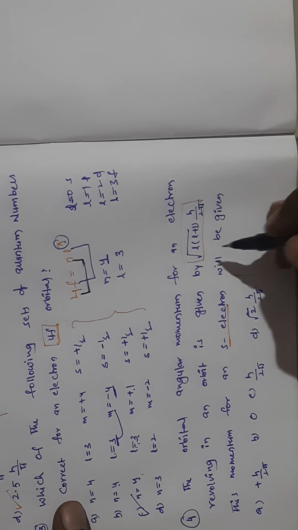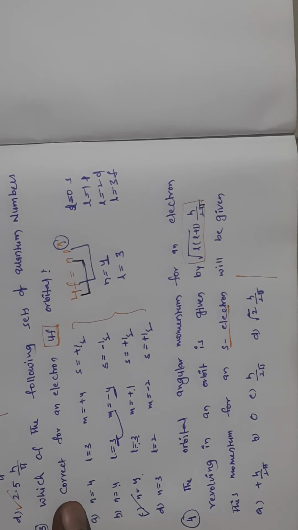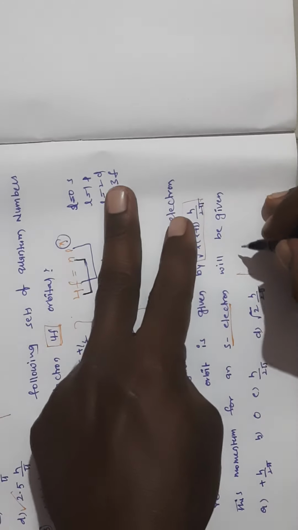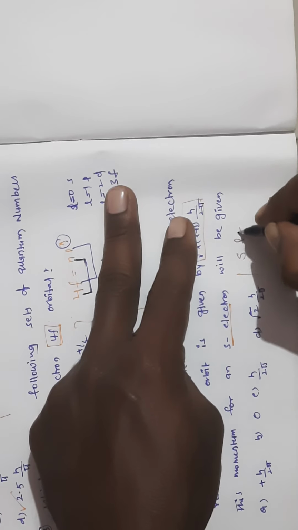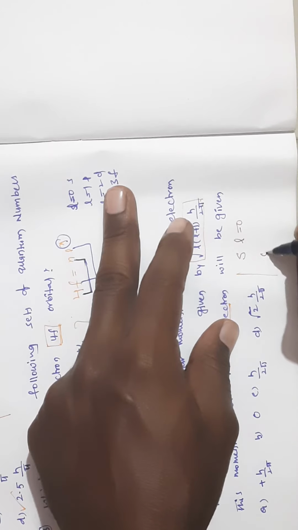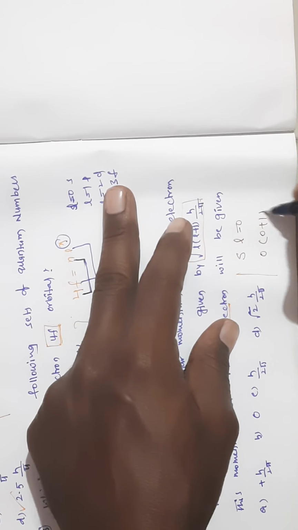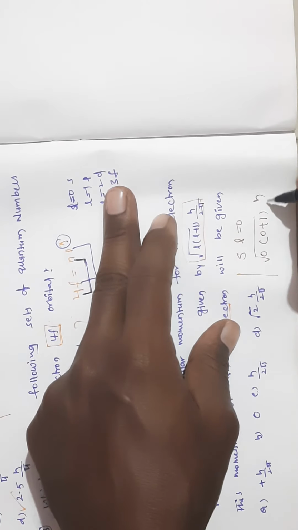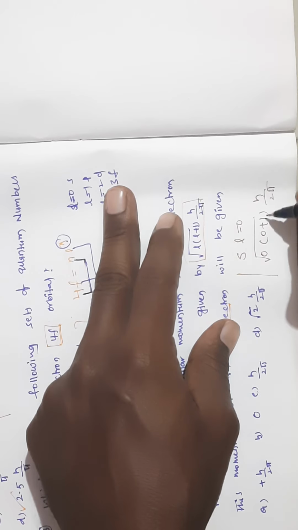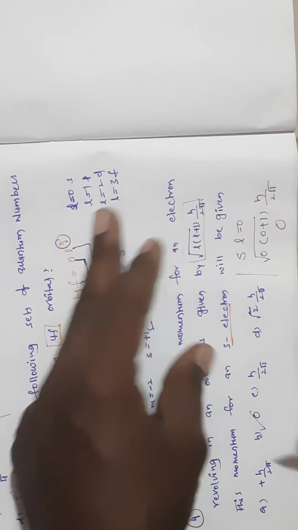We already know that for an s orbital, L value is equal to 0. Just substitute here: square root of 0 into 0 plus 1, into h by 2 pi. 0 into anything is 0. So the total value will become 0. So option B is the answer.